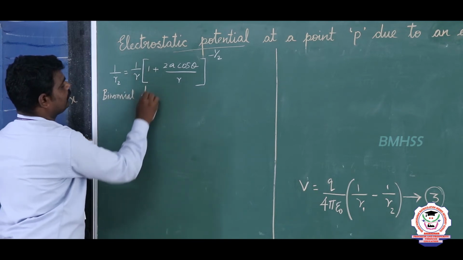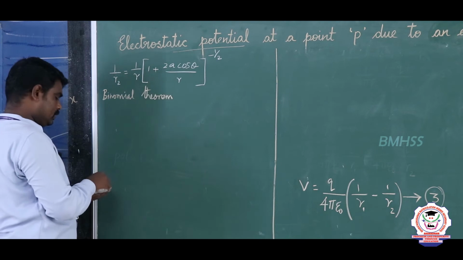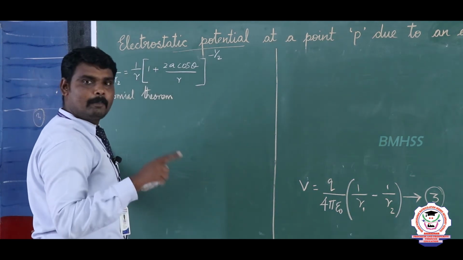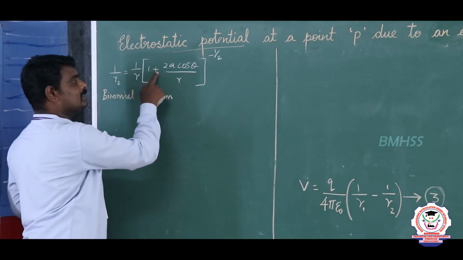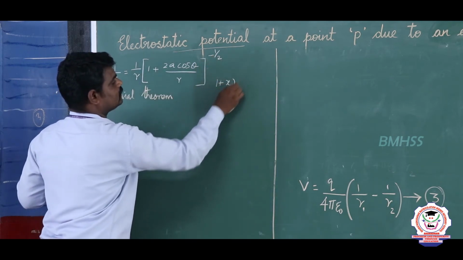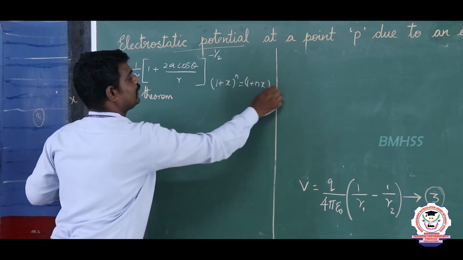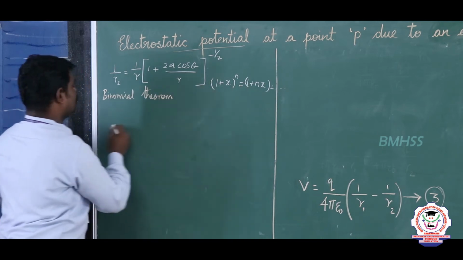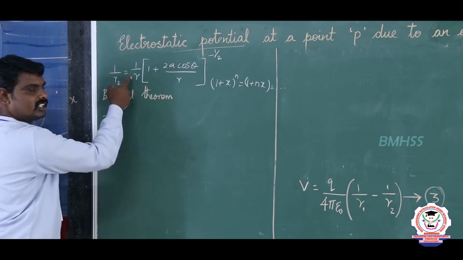What is the binomial theorem? 1 plus x whole power n is equal to 1 plus nx. The remaining terms we cannot take. Now substitute that binomial theorem for the above equation.